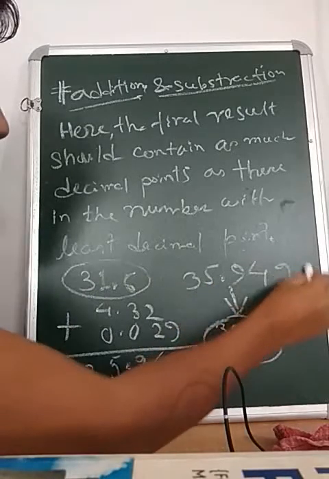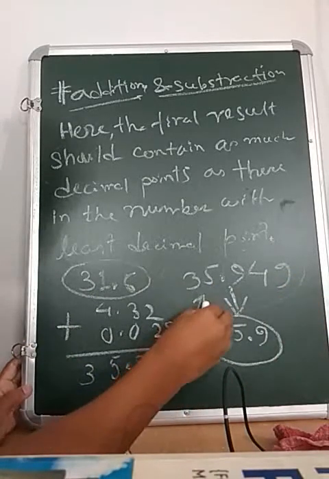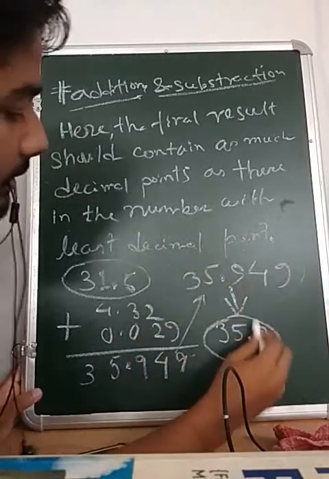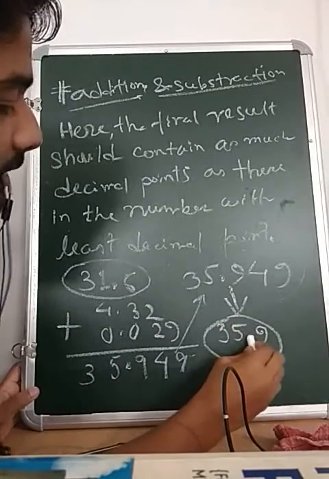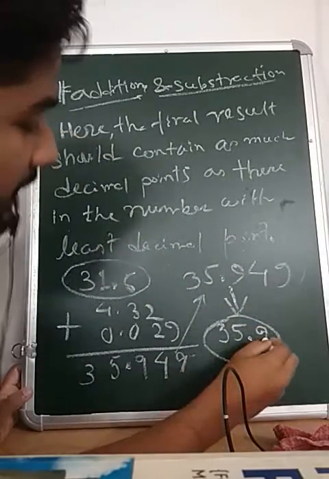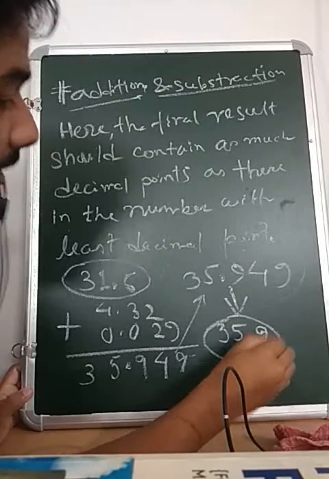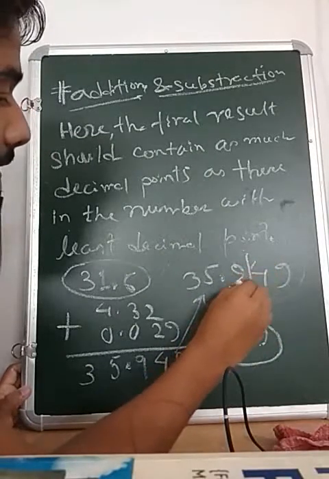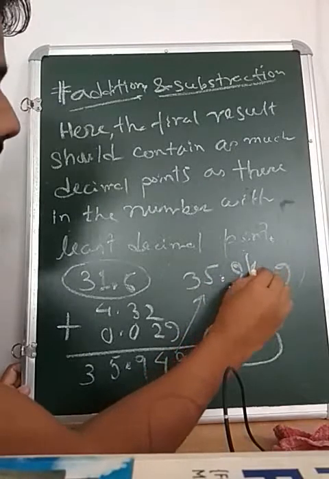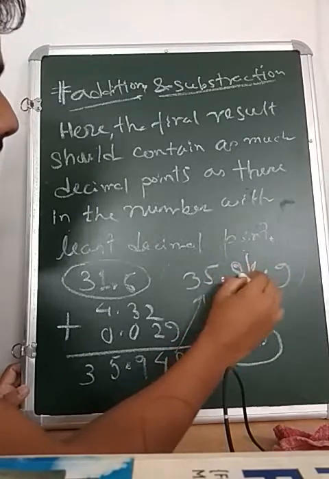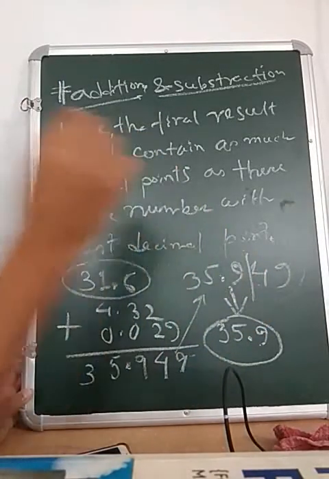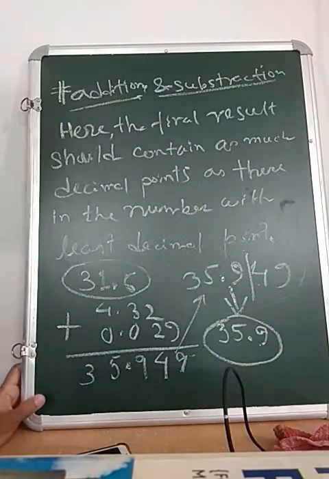This is the result from addition, and after imposing the rule the result will be 35.9. We get this after rounding off to this decimal point. If it were 35.96, then it would be 36.0.